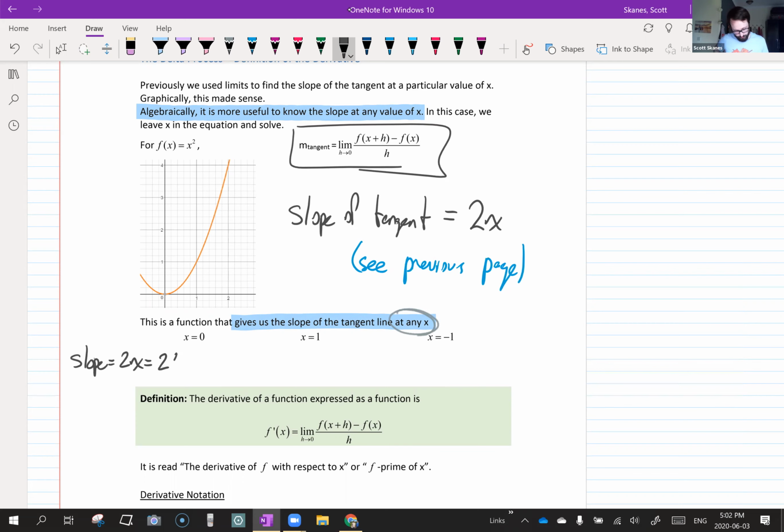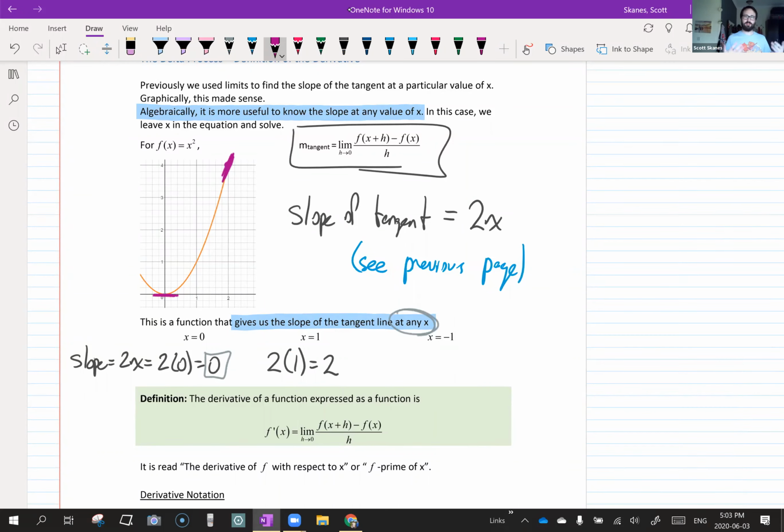Zero. Okay. We don't need to do the delta process again, as soon as we do the delta process once, it'll give us the slope at 0. And we can look at our graph, and it is indeed 0. What's the slope when it's 1? Well, 2 times 1. Slope is 2. So you just look at our graph, and you're like, oh, the slope up there must be 2. And I know that because of the delta process.